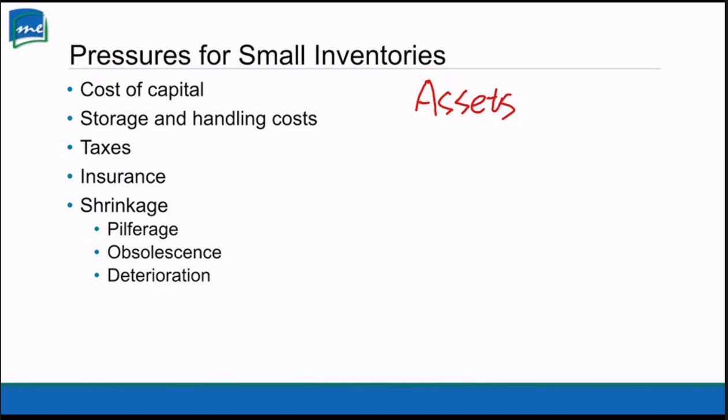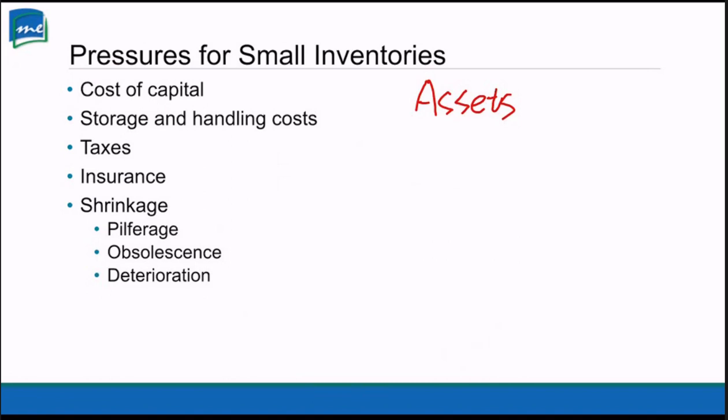So this is what we call the cost of capital. Companies want to reduce those costs because they want to invest in other things, so they want to keep small inventories.